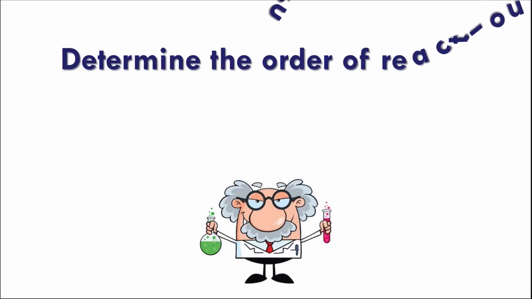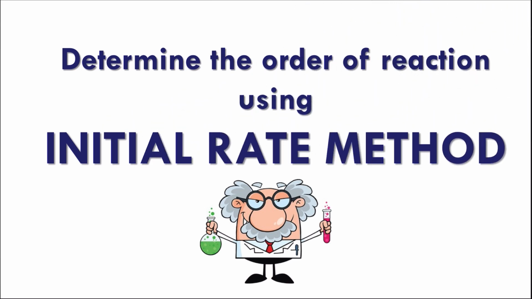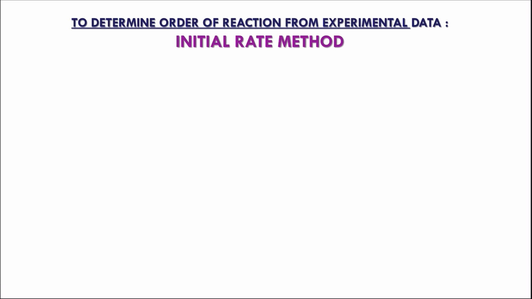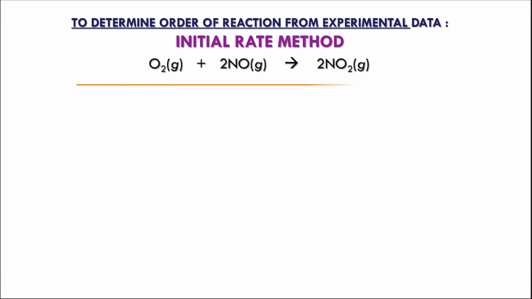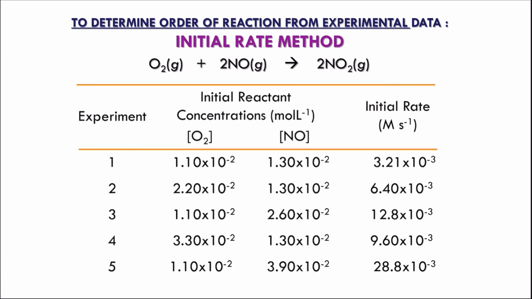Now, let's continue how to determine the order of reaction by using initial rate method. So, macam mana initial rate method ni digunakan untuk determine the order of reaction? Kebiasaannya dia akan bagi dalam bentuk data. So, for example, I have this equation and all of these are the data for the experiment based on this equation.